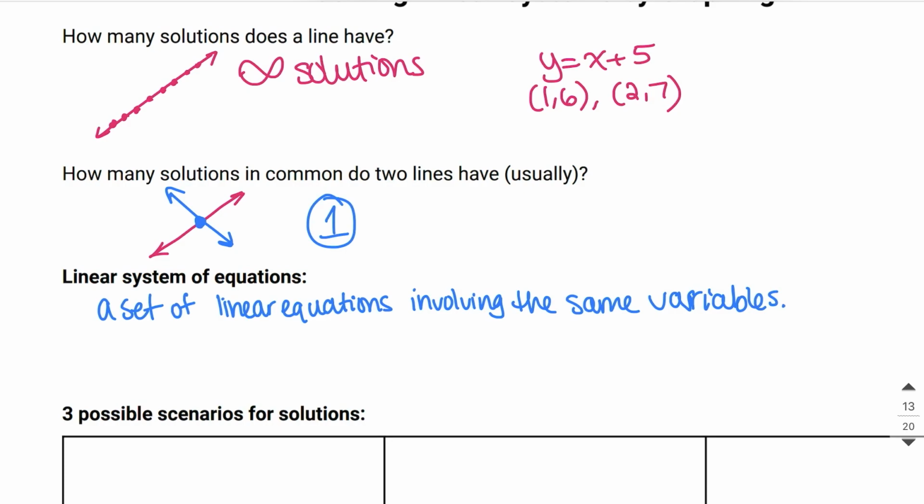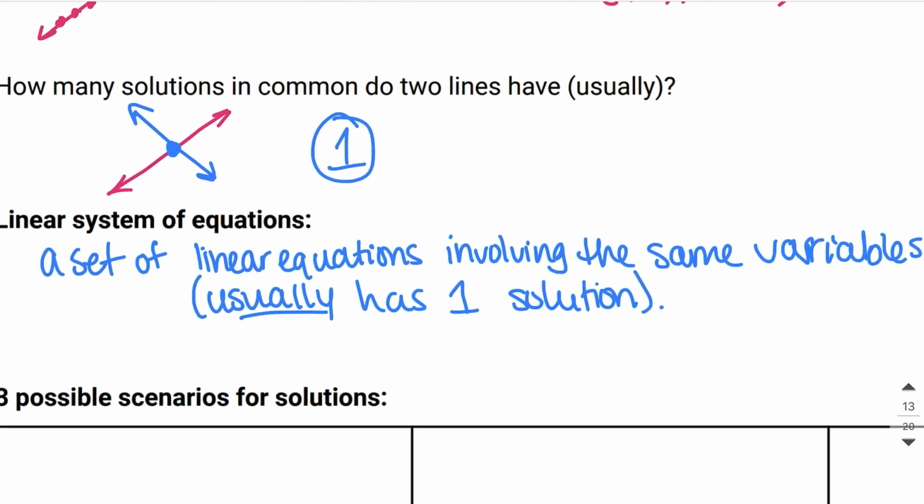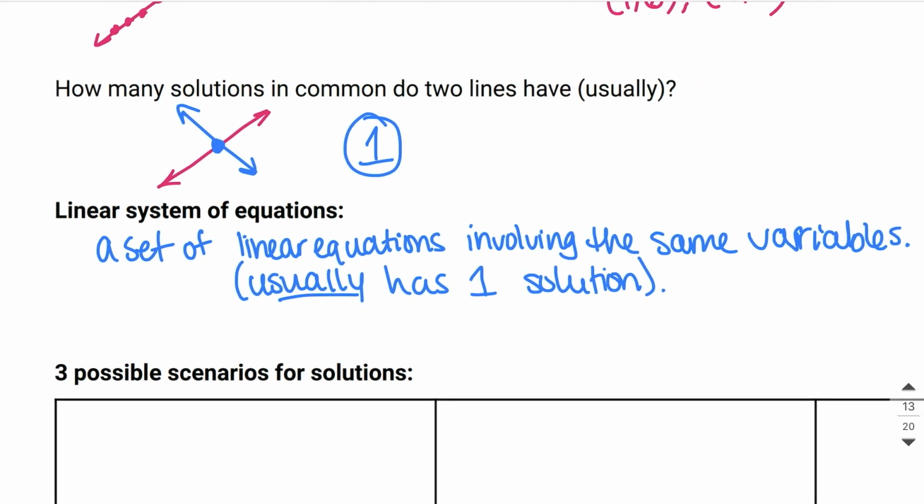Okay, and just a heads up, they usually have one simultaneous solution. But just so that you know, a quick note is the number of variables has to match the number of equations.